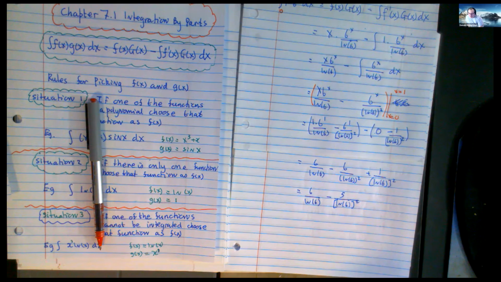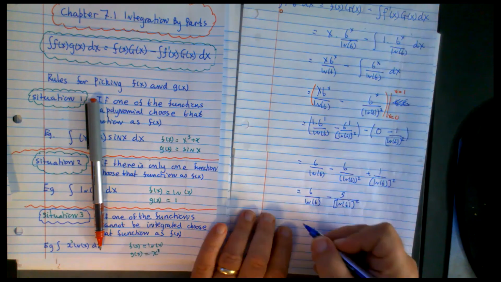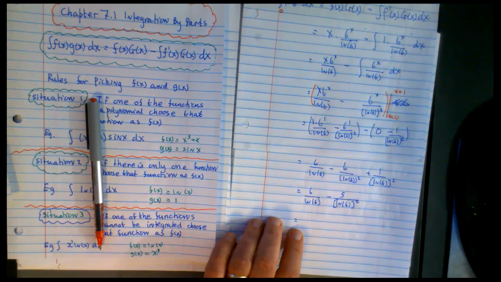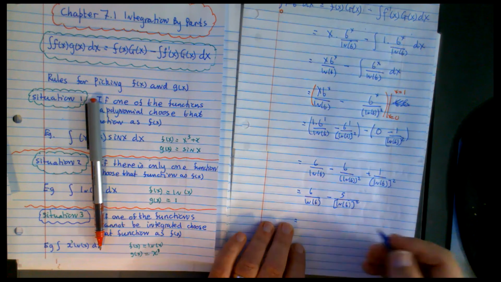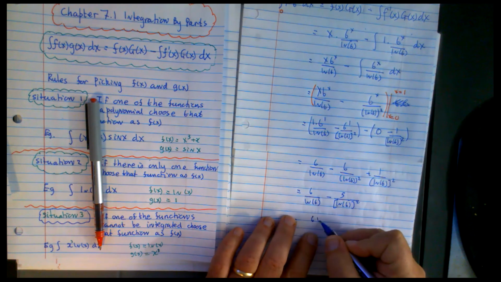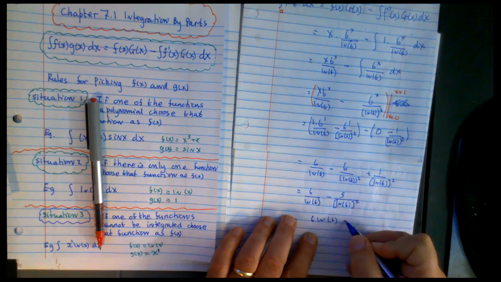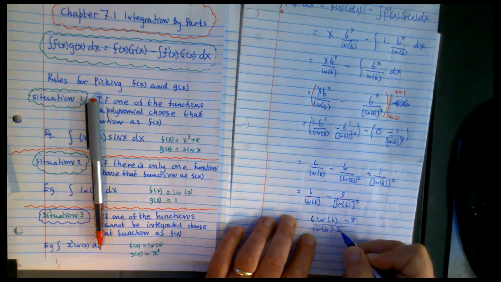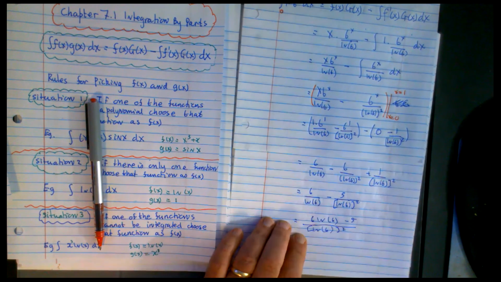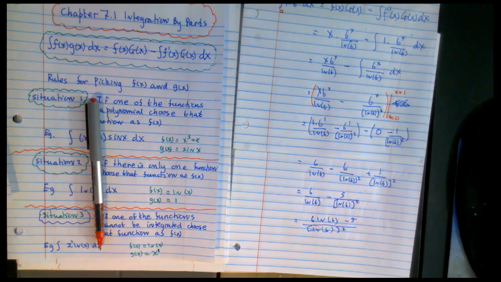But anybody want to have a shot at making that look prettier? I've got an idea. Multiply 6 over log 6 by log 6 on both sides. So you get 6 log 6 over log 6 squared. And then you subtract and you're left with 6 log 6 minus 5 over log 6 squared.